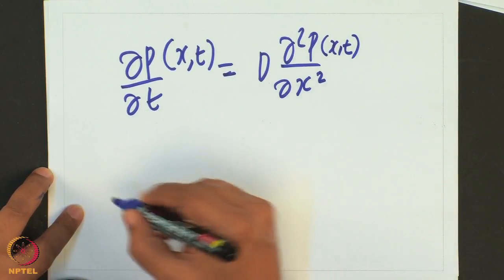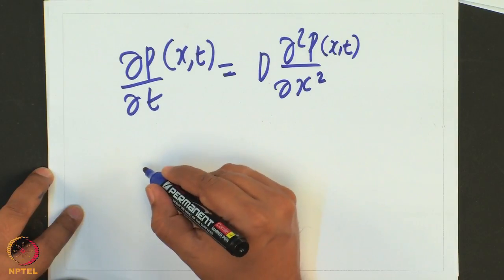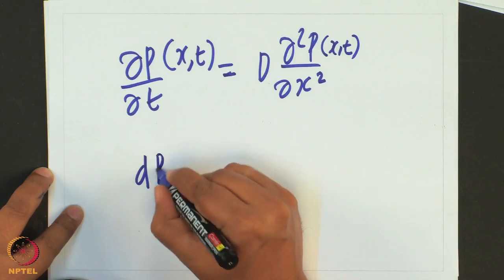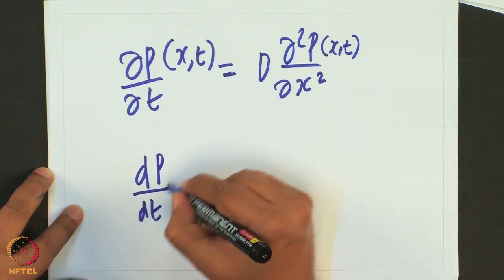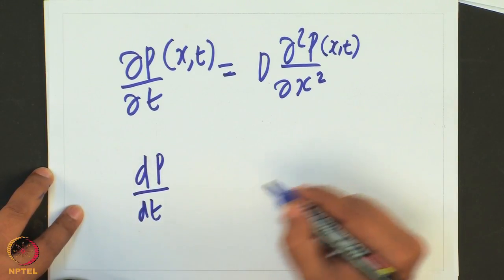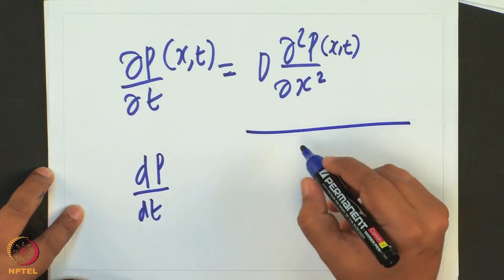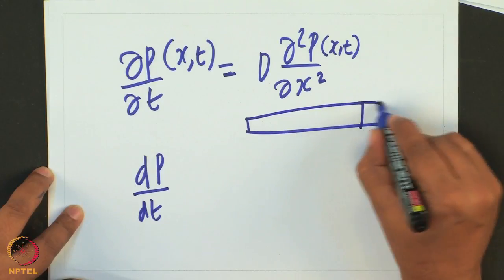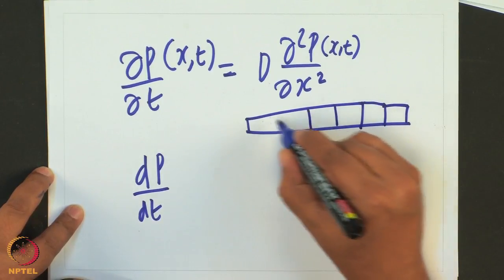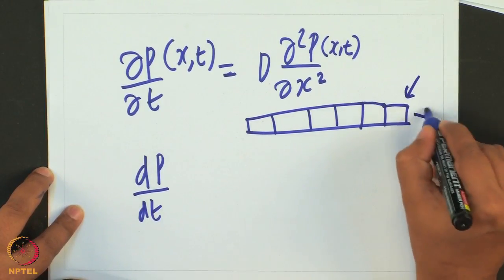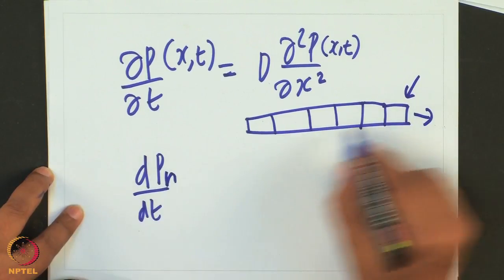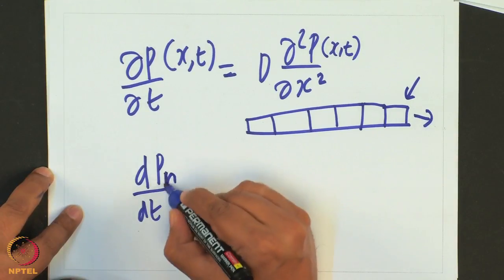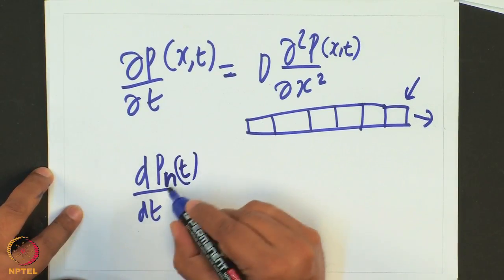There are equations like the master equations. So one would write dp by dt for some quantities. For example, if you have a polymer which is polymerizing and depolymerizing, let n be the size of the polymer, and Pn of t the probability of having size n.